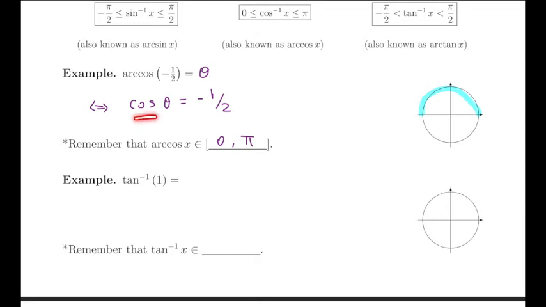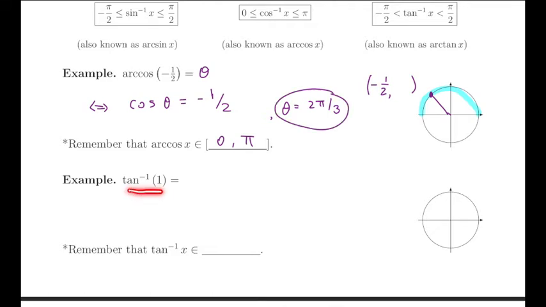Now remembering that cosine, the x value, is negative only here. So you're somewhere along there. And at some point, apparently you're going to have an x value of -1/2. So we want to know where that is. Well, that's 2 pi over 3. So we have our answer. Theta is 2 pi over 3.